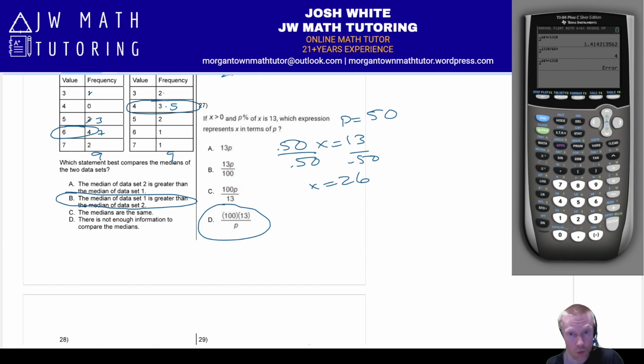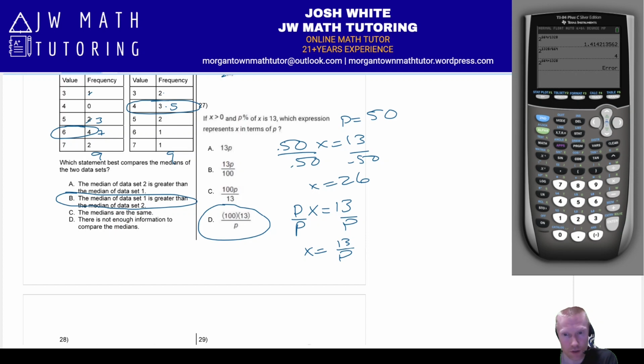Now, just to show you why that actually works out, if you take the equation and just do it with the P, put in P here for right now, P times X equals 13, okay, and then you solve this for X. Notice you get X equals 13 over P, but here's the thing, P is in the given problem the percentage.